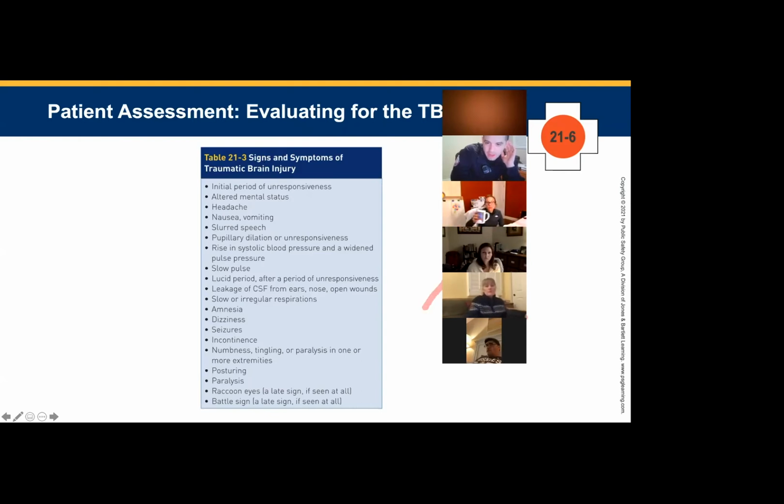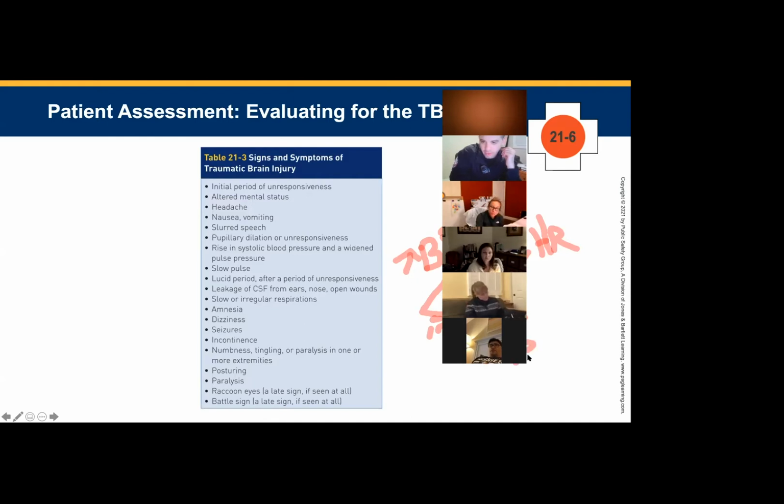We have a triad, or a triangle, that we usually see with patients who have head injuries. Usually what we see in head injured patients with a cerebral bleed or a brain bleed is an increase in blood pressure, a decrease in heart rate, and then irregular respirations.